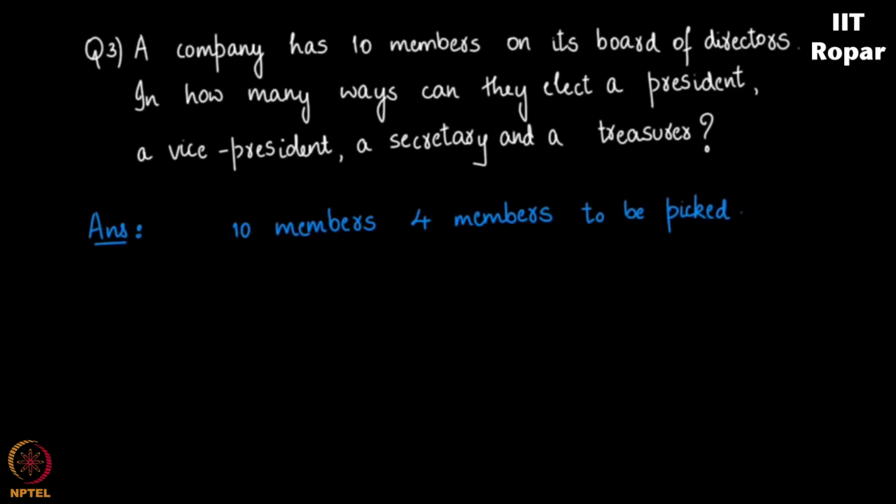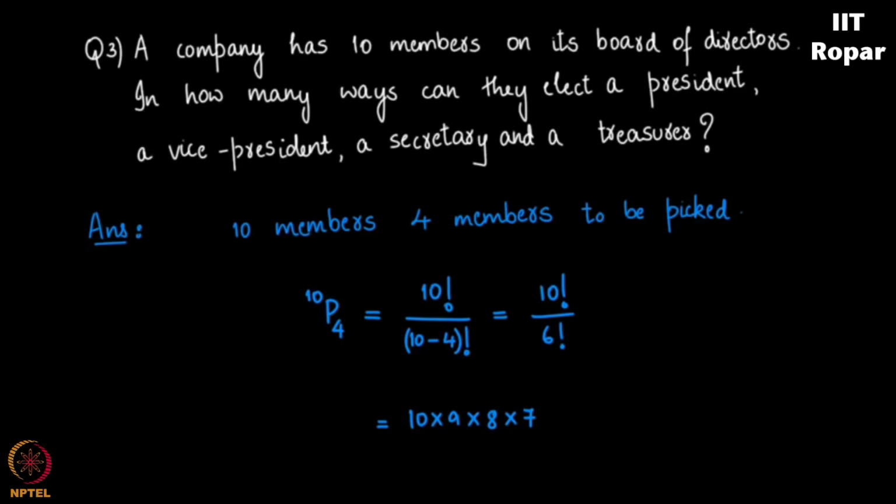And this goes by 10P4, which is 10 factorial by 10 minus 4 factorial, which is 10 factorial by 6 factorial. And this is the same as 10 into 9 into 8 into 7, and this comes up to 5040.